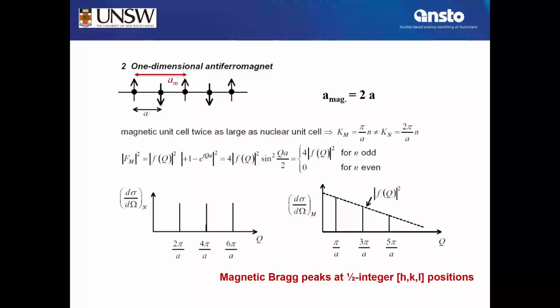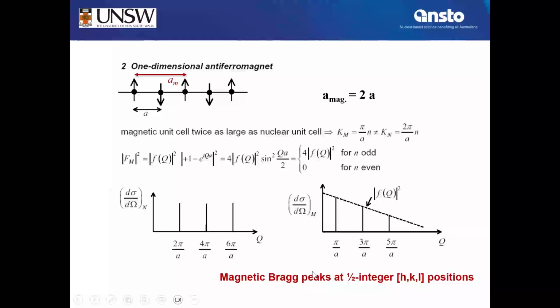Antiferromagnet, spin up, down, up, down, up, down. If you want to form a unit cell, you need the identical units, so same repetition rate. And as shown here, the magnetic unit cell is now doubled. It's 2 times the nuclear unit cell. Again, K-space, Bragg diffraction, 2 pi over A. And because we have 2A here, we get 1/2 in the end.